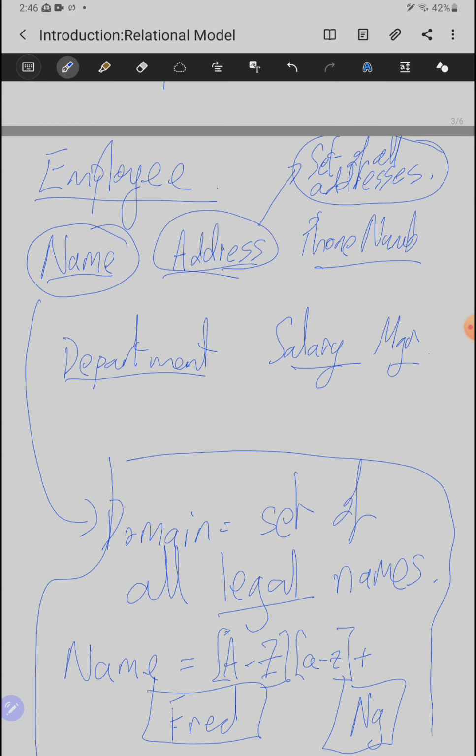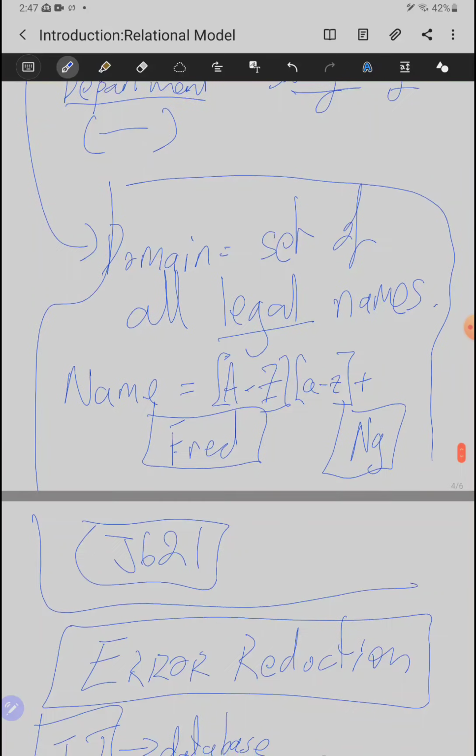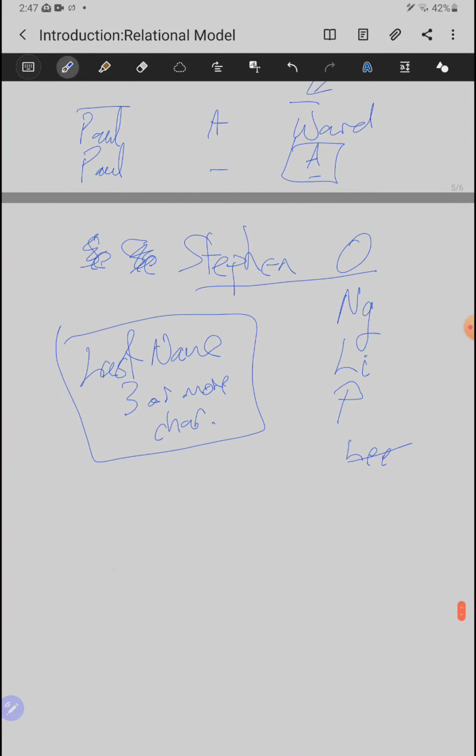So also here, having an address, well, what's an address? Typically it's a street number and a street name and a city and a province and a postcode. Okay? So ensuring that all of those are there is important. Department. Maybe we have a set of departments that we know about. Okay?